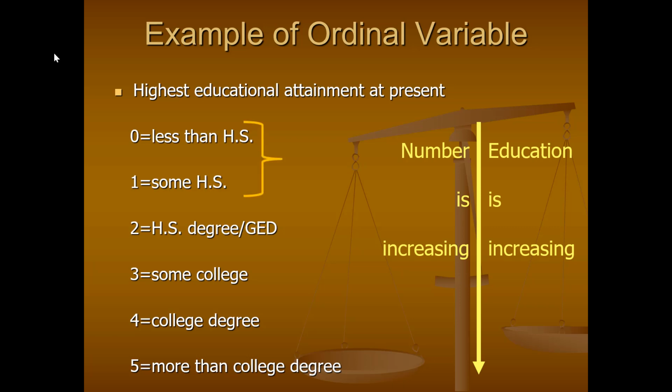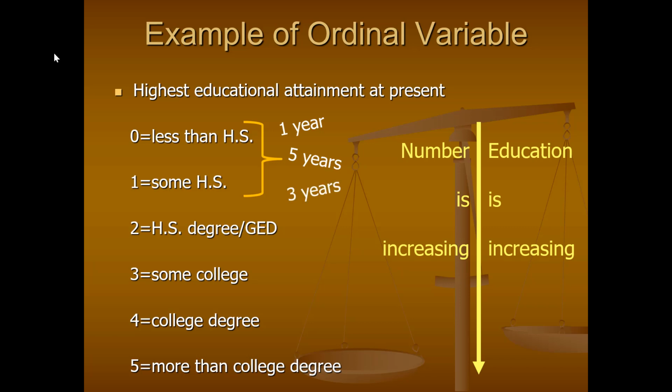But when we look at going from a 0 to a 1, less than high school to some high school, that could be many different years in between. So for one person this could be just a 1 year difference. For others, it could be 5 years, 3 years, right?